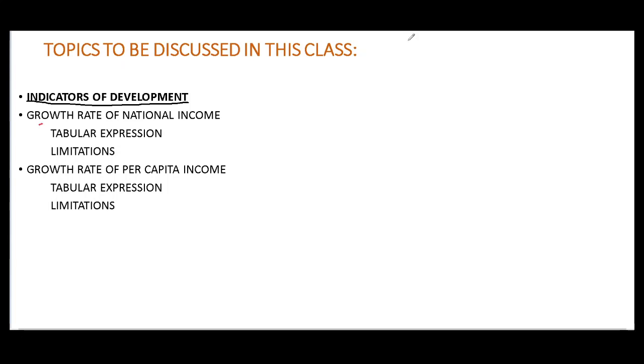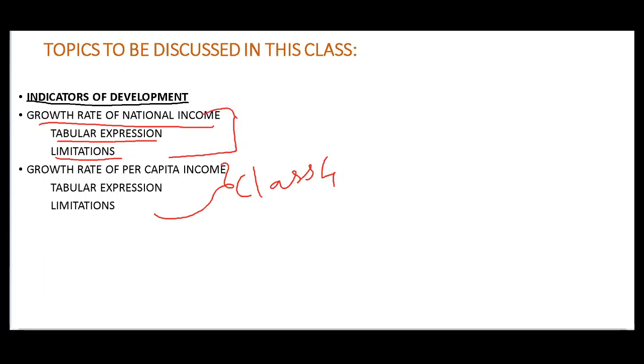Growth rate of national income, its tabular expression and limitation, this topic we will discuss in our next class, class 4, because if I discuss all things in this class then it will be a mess. So only one part we will discuss today.